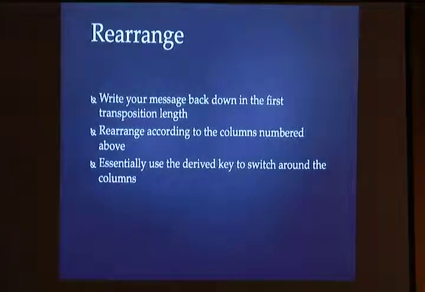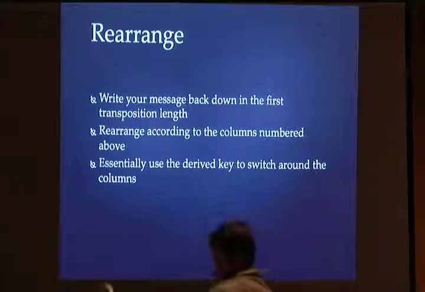You then write the message down in the transposition matrix, and you just rearrange the columns. So all you're doing is writing down the message in a table, taking column 1, moving it over here, taking column 2, moving it over here, taking column 3, moving it over here, and essentially just rearranging everything. So this is pretty simple. It's just put it in a grid, choose which number you want, and move it over until you get to where you're going.